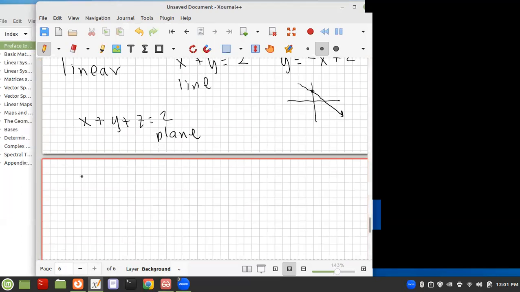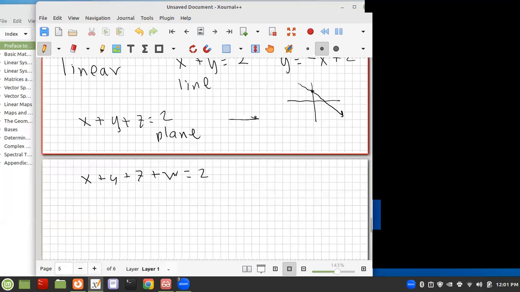And then what if you had x plus y plus z plus w equals 2? Well, I can sort of visualize this. I can write down x, y, and z, and solve this for w or something, and see that as x, y, z vary, it would be hard to see, but I could still imagine that it was a plane in some fashion.